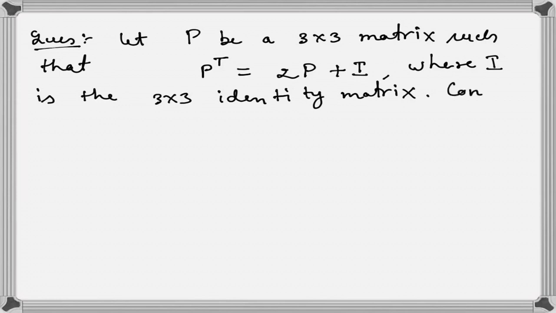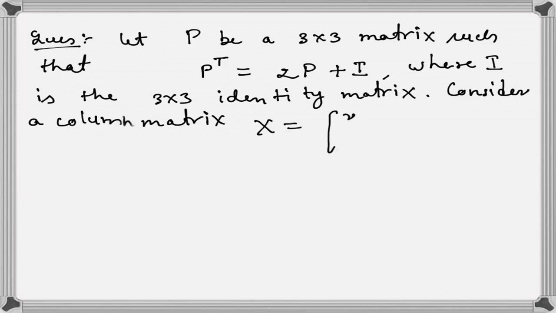Consider a column matrix, which is also called a column vector, X equals x, y, z, which is not equals to 0. That is, we are considering a non-zero vector X.